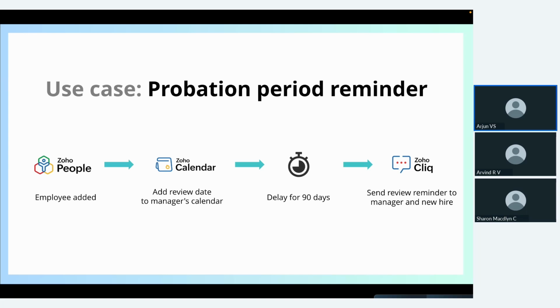So we'll see how an event can be created once a new employee has joined, and an event can be created in the manager's calendar account. And after waiting for 90 days, you have to send a message to the manager asking to review the employee and send a report to HR. We'll see how this workflow can be built.